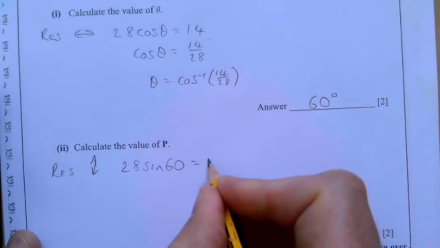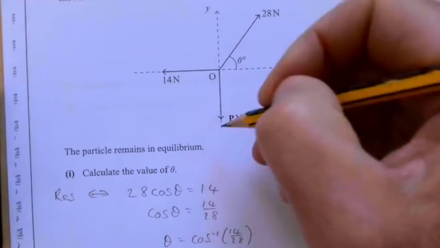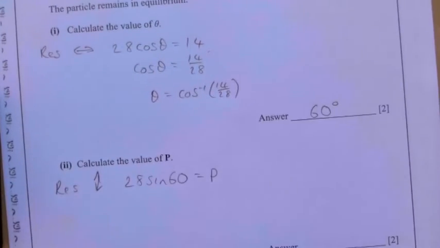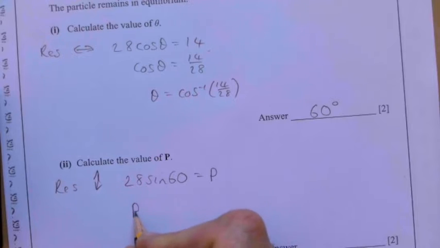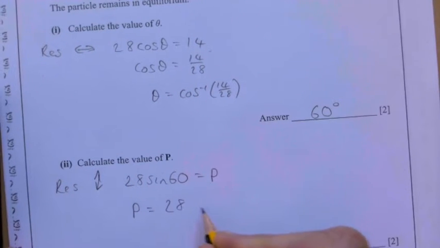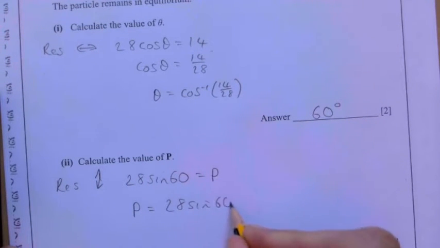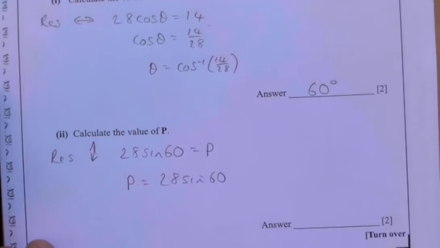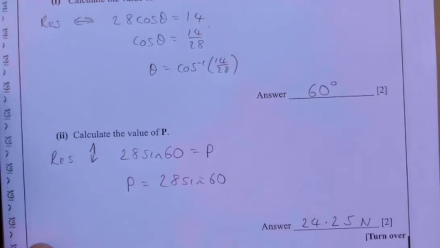And that equals P, because that's the only force acting down. So we just plug that into our calculator. P is 28 sine 60. You put that into your calculator, then to 2 decimal places it is 24.25 newtons.